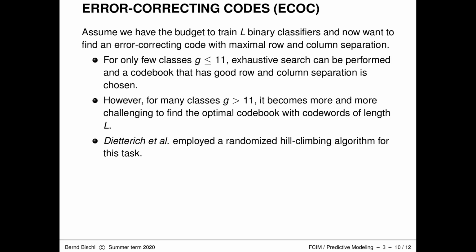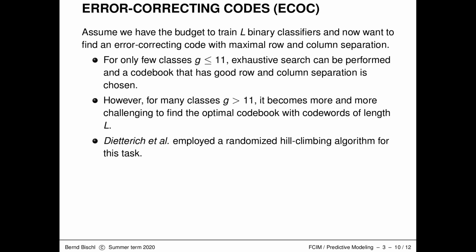However, if there are more than 10 classes, this exponential growth of the number of codebooks in k becomes more and more challenging and too prohibitive for me to iterate over all potential codebooks to find the optimal one.